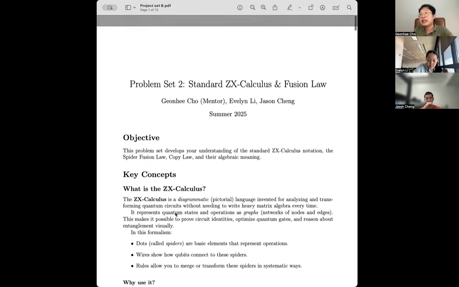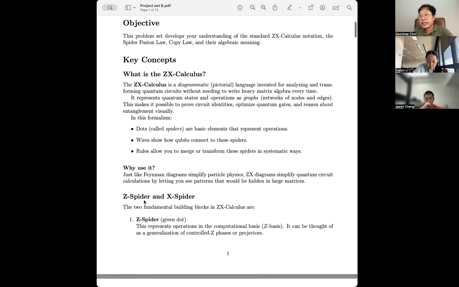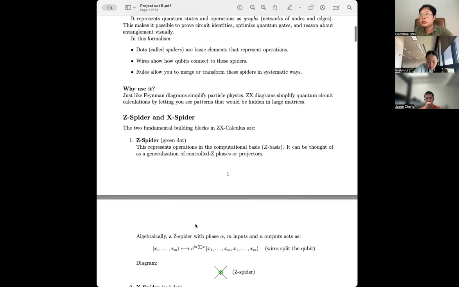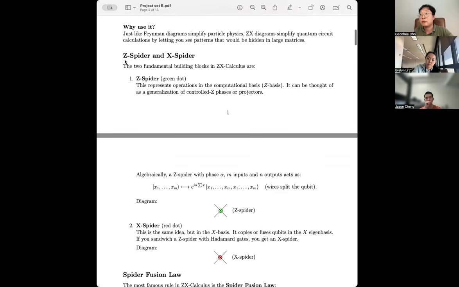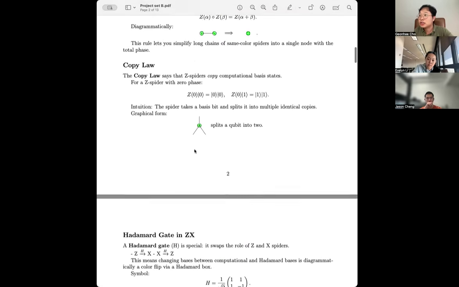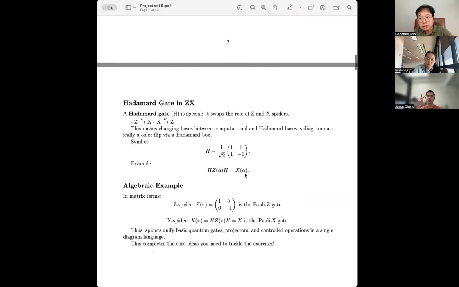As you can now see, there are two important concepts. One is the Z spider and X spider, and the Hadamard gate is used to go from one to the other. Of course, this can be easily checked from the matrix multiplication, but we are not talking about that. What's the meaning of the Hadamard gate?